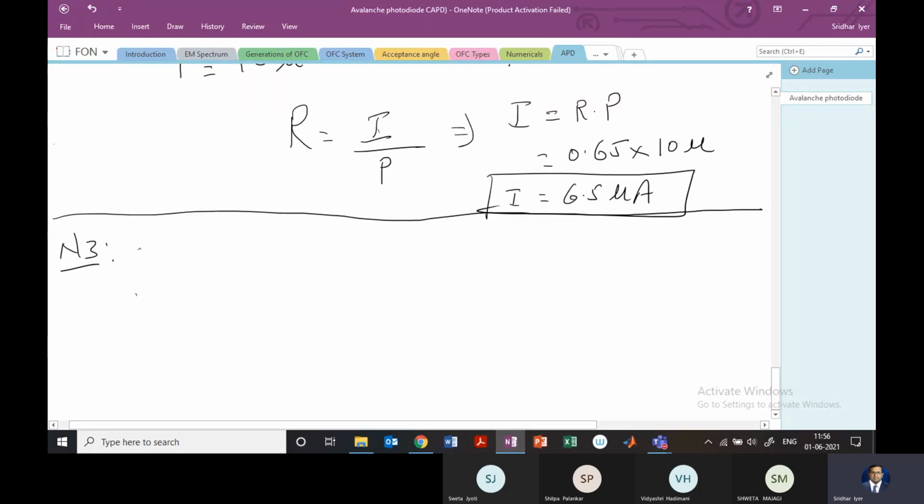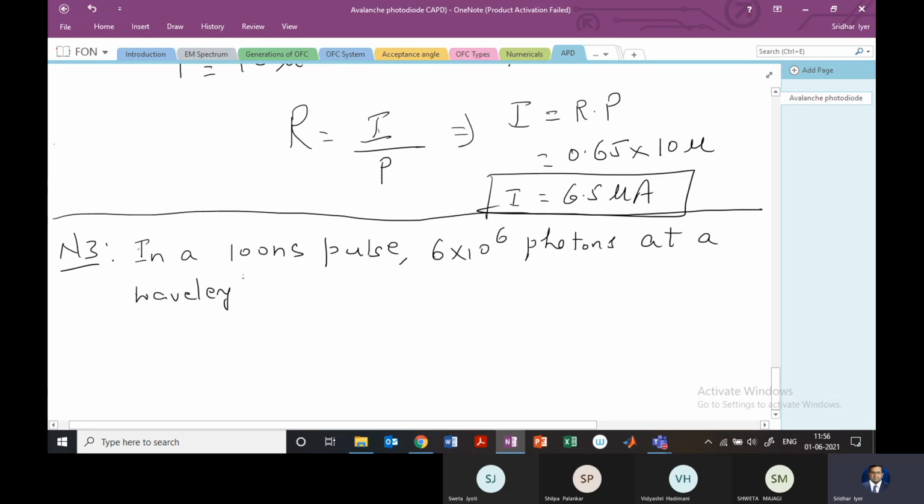It says in a 100 nanosecond pulse, 6 into 10 raised to 6 photons at a wavelength of 1300 nanometer fall on a photodetector.